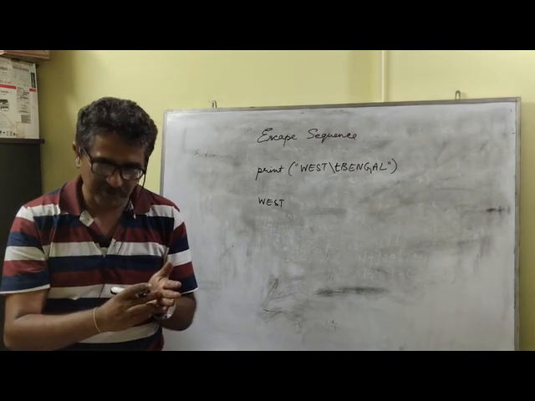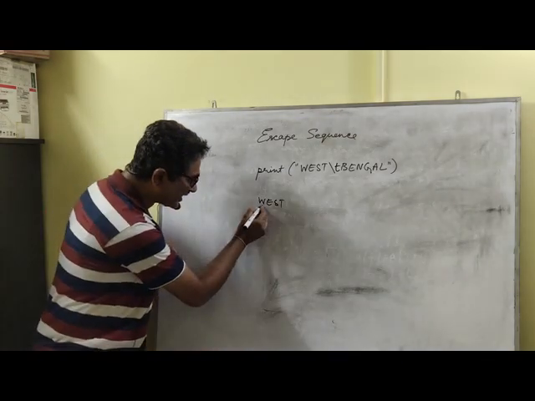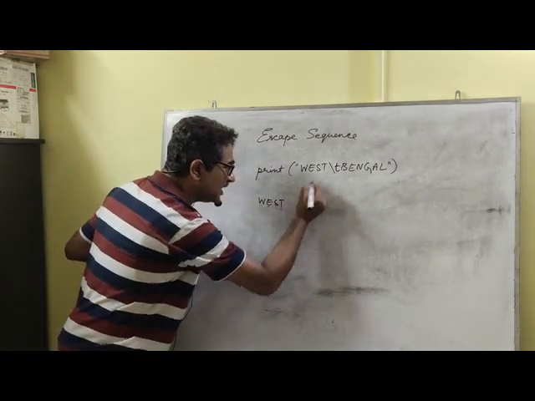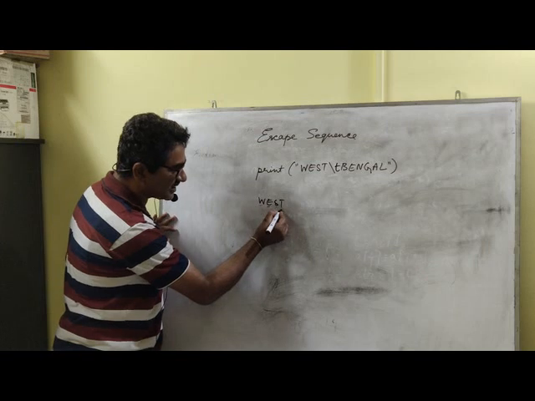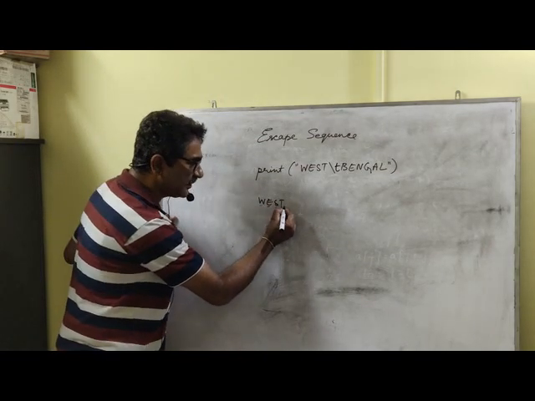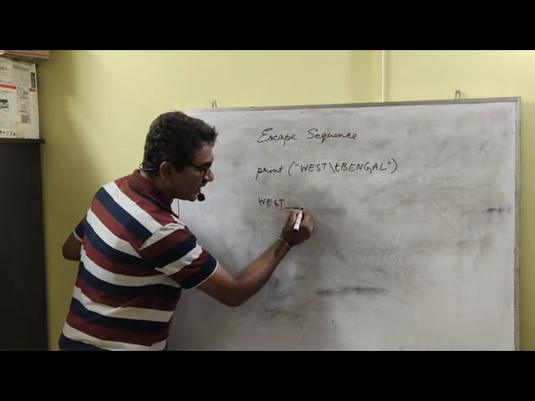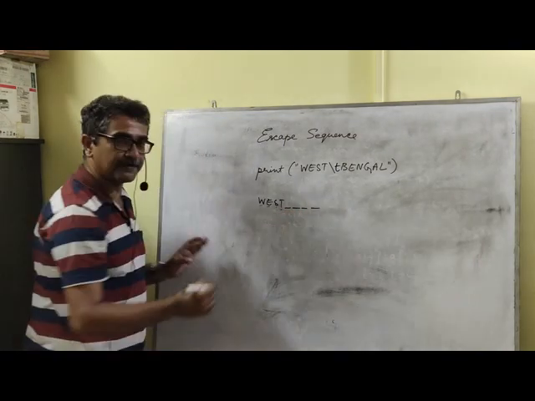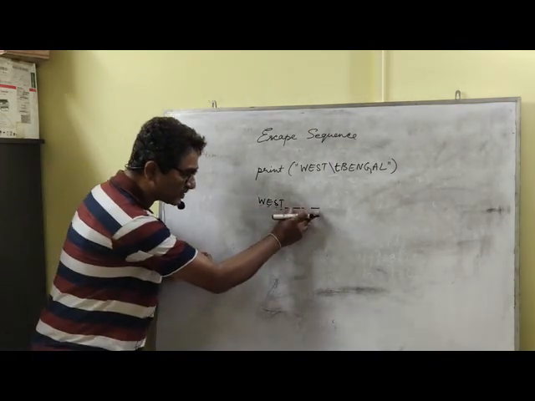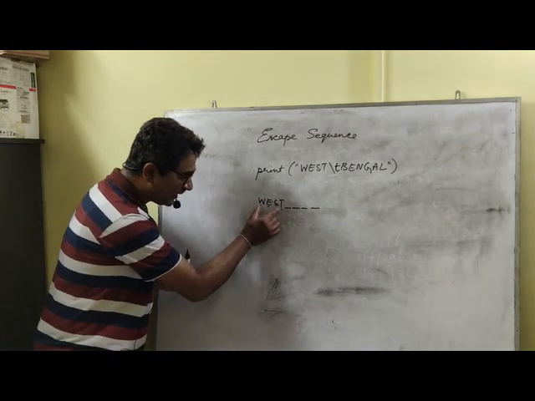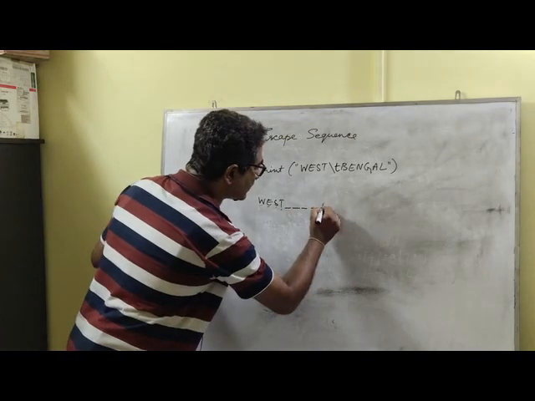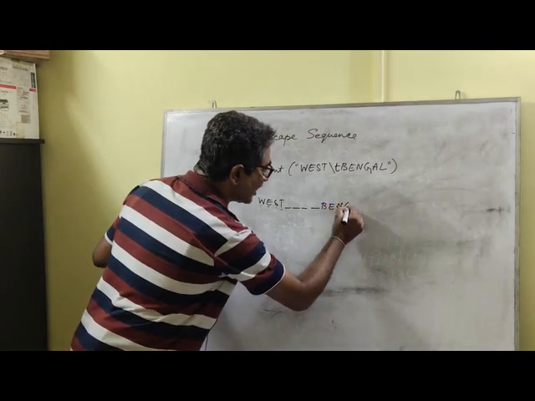So just try to understand that every character occupies a single column. When you write \t over here, already 4 characters are displayed, so it's going to leave 4 more spaces. Don't use that underscore; this is just for you to understand. So here we have 4 characters followed by 4 spaces, and then the word Bengal comes into play. This is what happens.